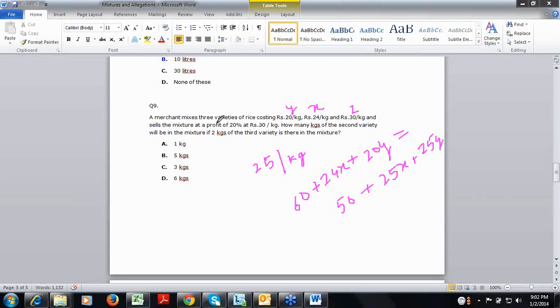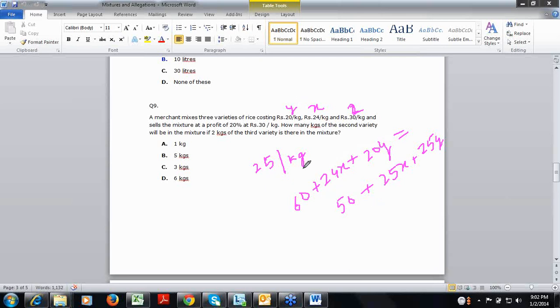It is 30 rupees per kg. It is selling at a profit of 20%. So what will be the cost price? 25 rupees. Now it is saying how many kgs of second variety will be mixed if 2 kgs of third variety is in the mixture. So it is 60 plus x into 24 plus y into 20.